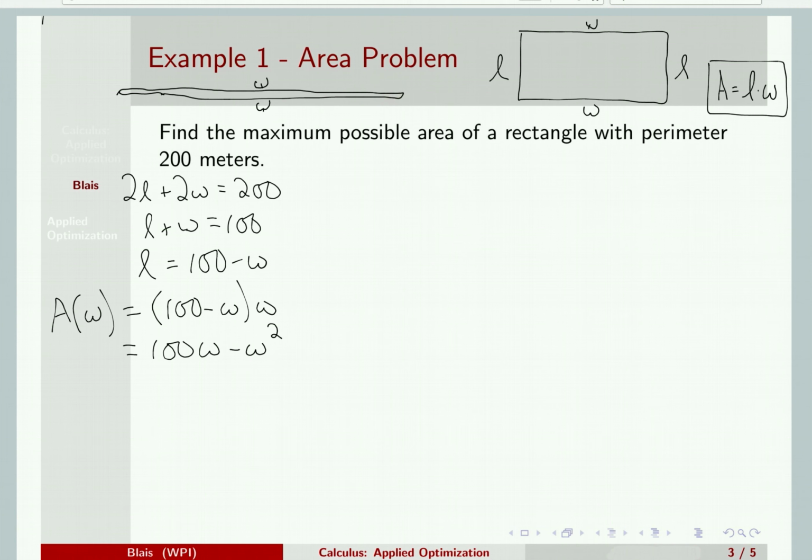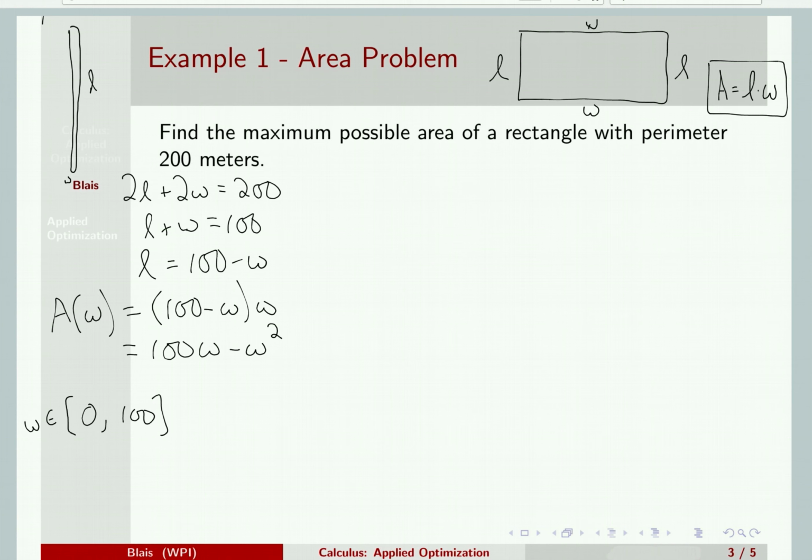So it's natural to say that W is between 0 and 100. If W was 0, it would be the reverse of that picture. It would be a very tall and skinny rectangle, where your width is shrinking to 0. So this is a natural set of choices for the width W.